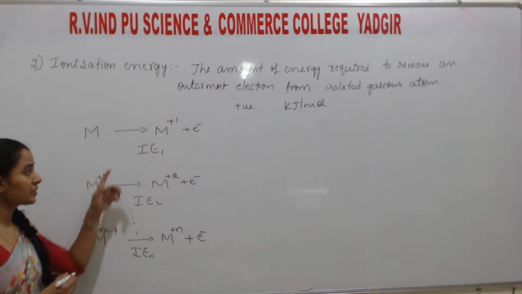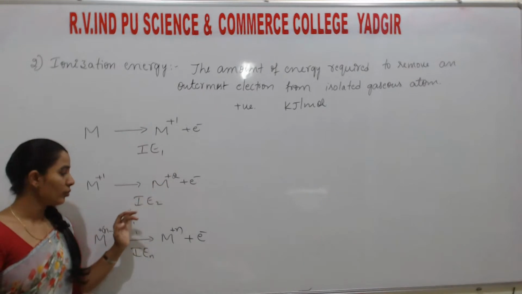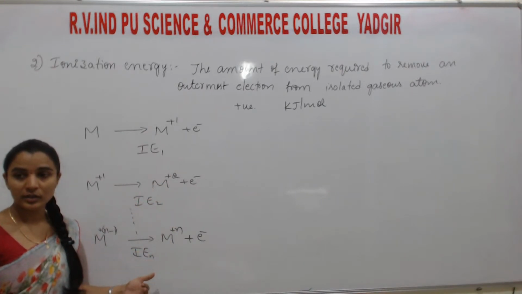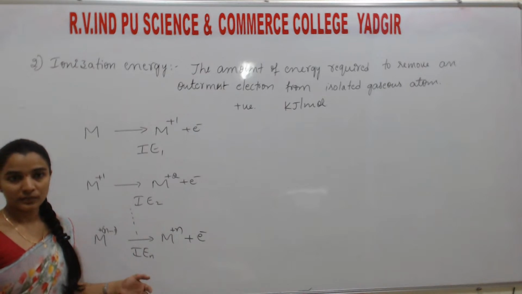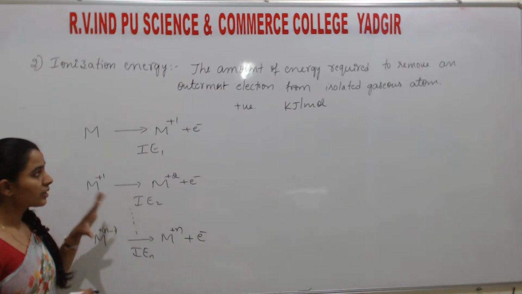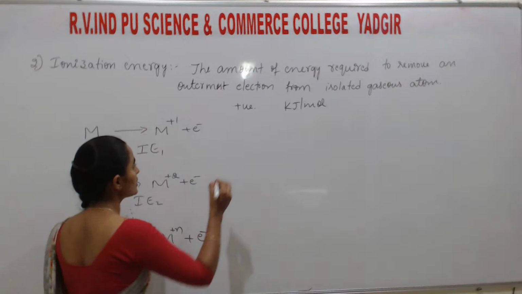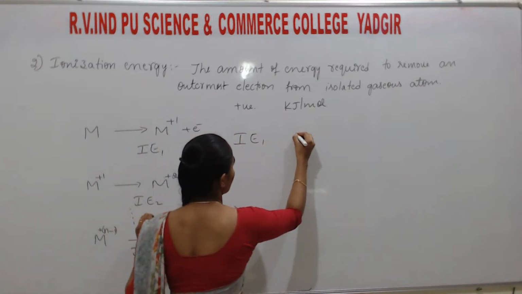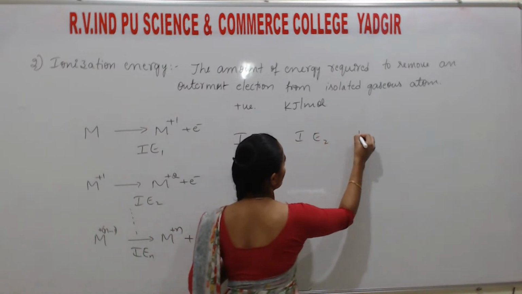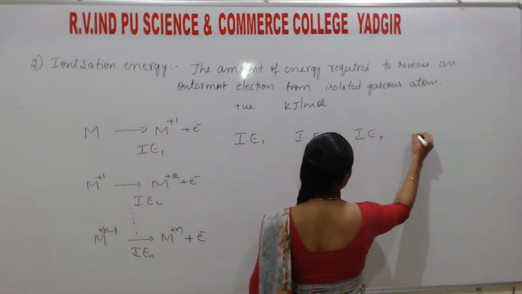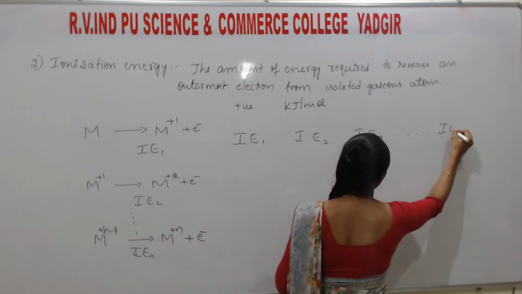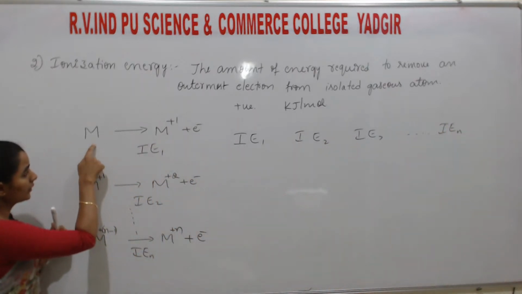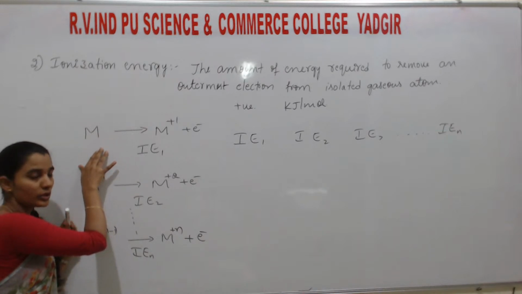So the removal of the first electron is IE1, the removal of the second electron is IE2, and similarly the removal of the nth electron is IEn. Understand? So here, students, the ionization energy trend follows IE1, IE2, IE3, and so on up to IEn.